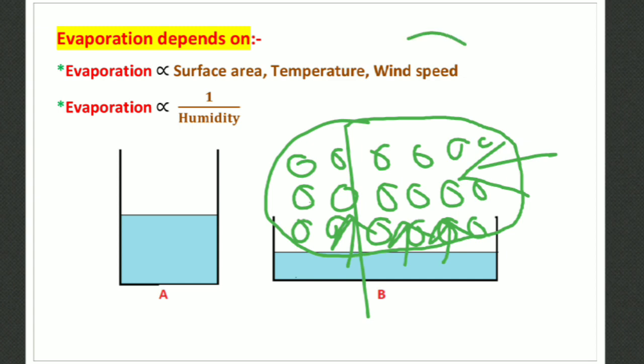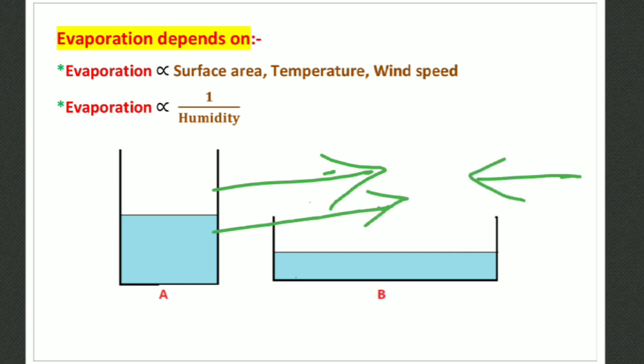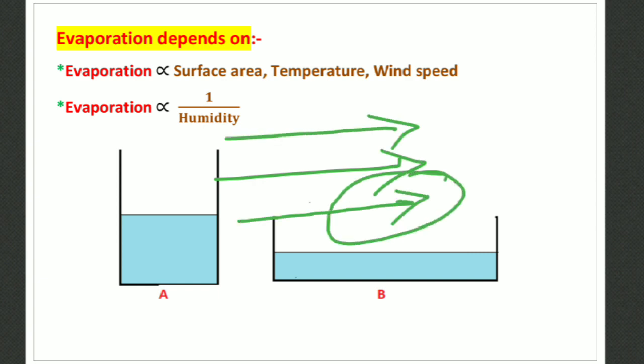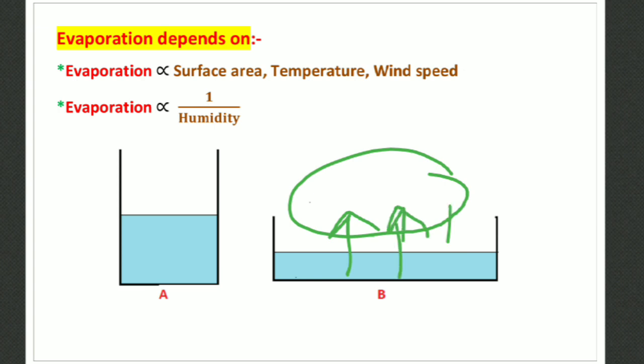So when a speedy wind comes from any direction, it will sweep away the particles from here in a different direction, and this space will become empty. Now this space is empty for the new particles, and they can easily evaporate from the surface. So that's why wind speed is important.